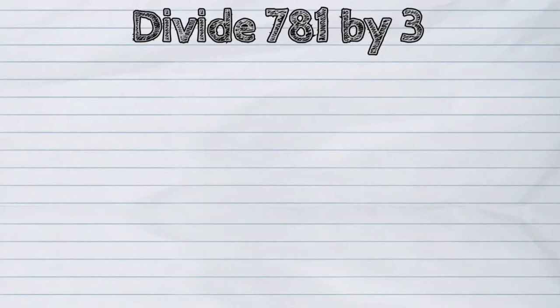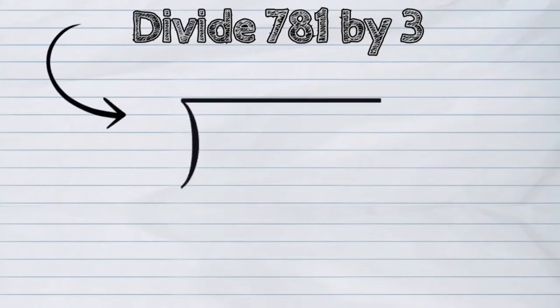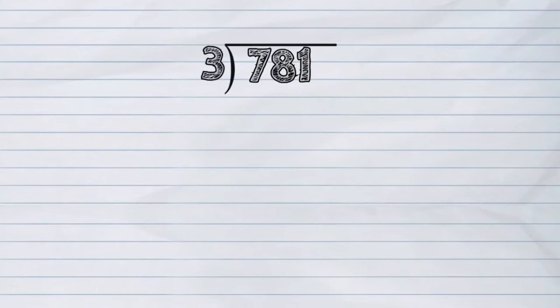Now, let's study this example. Divide 781 by 3. First, we need to arrange the numbers in a division bracket. Let us start with the first number of the dividend, which is 7.